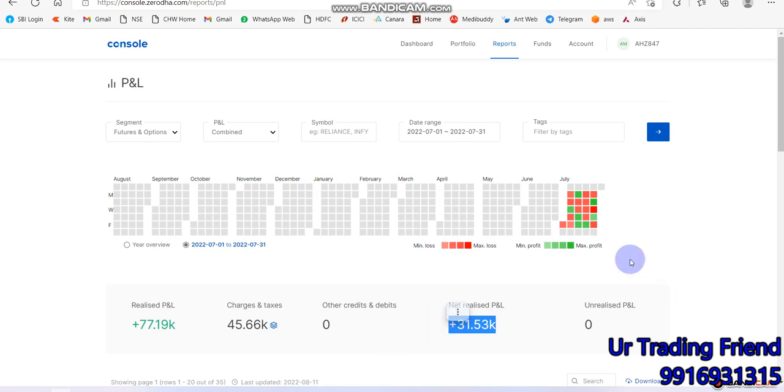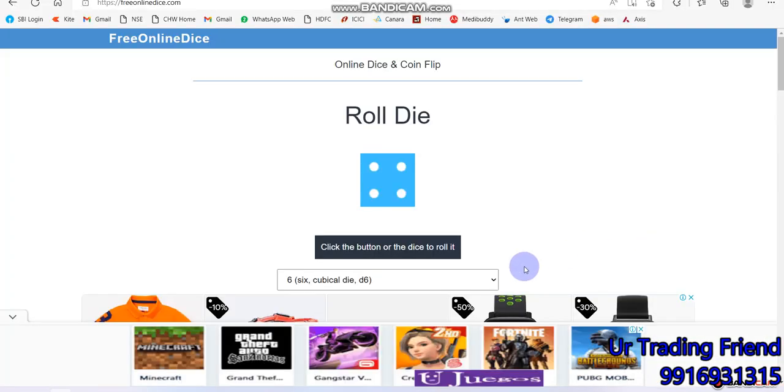I will explain this entire July. If you see with your naked eyes, are you seeing more green or more red? Yes, definitely red. I can count here. There are 21 trading days.